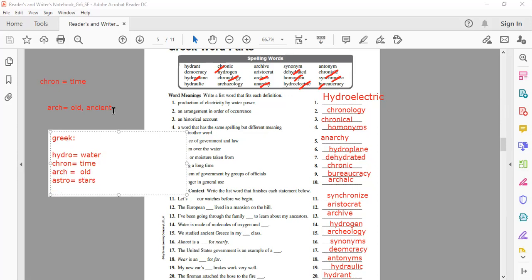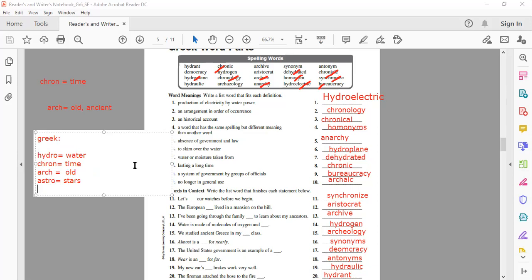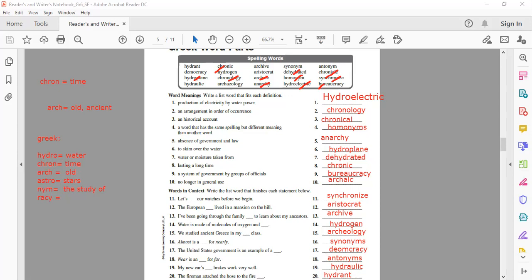Okay, what we have also: nym, it means the study of, like homonym or synonym or antonym. And also what do we have? Racy, like democracy and bureaucracy. What does it mean?